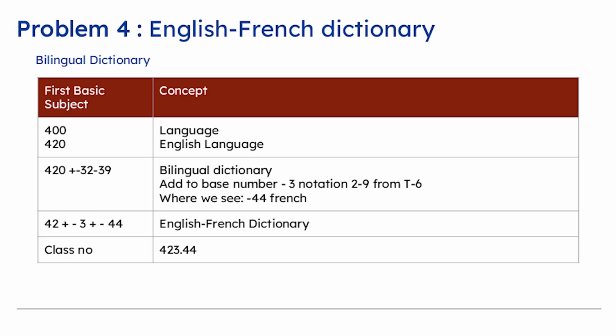Next, go to problem 4. Here, English French dictionary means the English language is given on the left side, and accordingly its French translation is given. So it is called the English French dictionary. It is a bilingual dictionary.